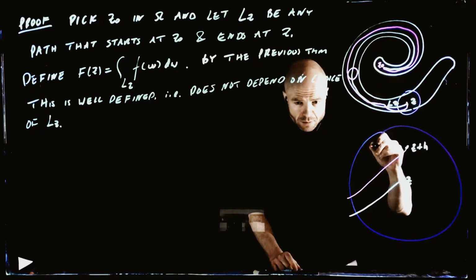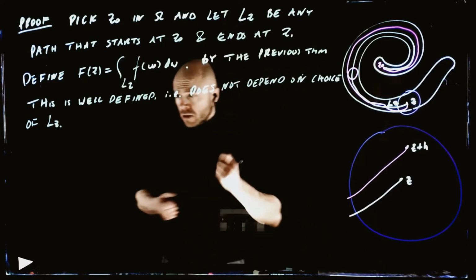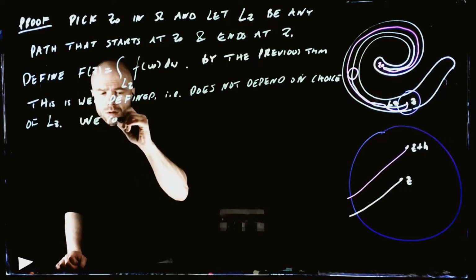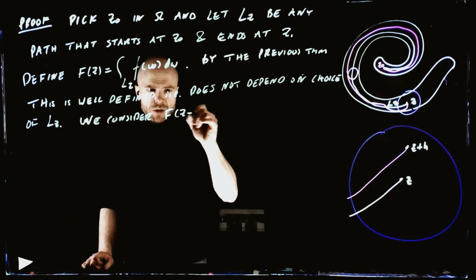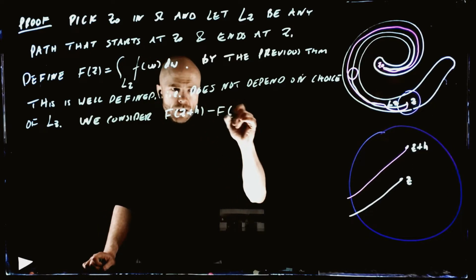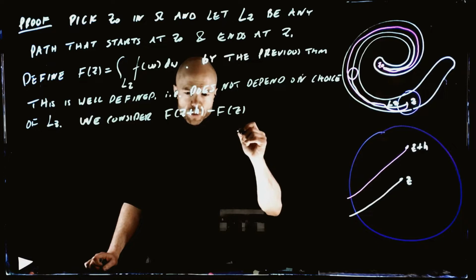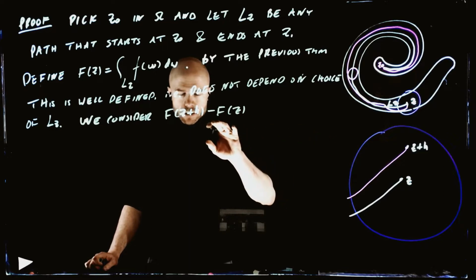And what we're going to be considering, of course, since we want to find the derivative, is capital F of z plus h minus capital F of z, yeah? And we're hoping that when we divide this by h, it's going to tend more and more to just little f, right? Okay, now look at this.